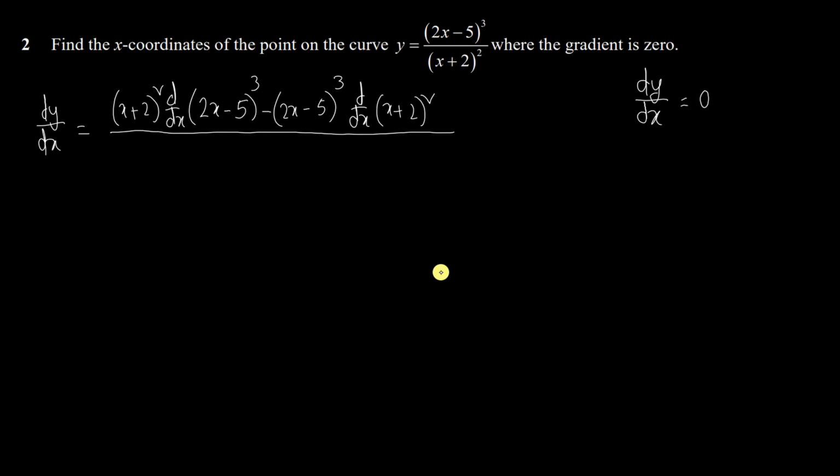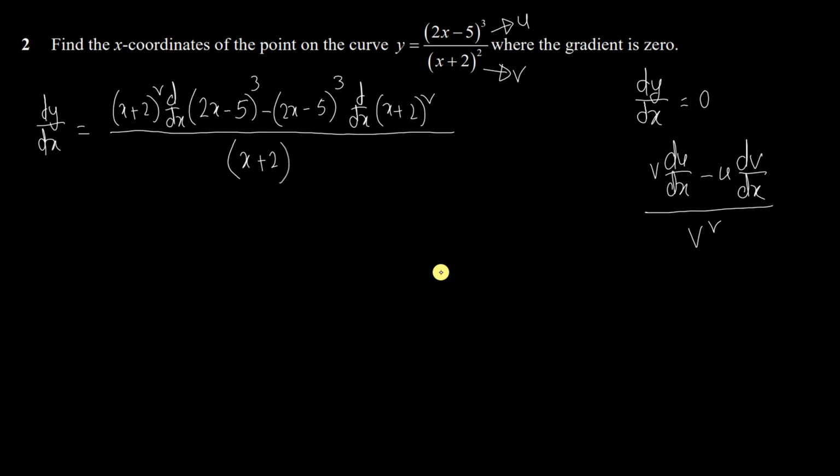See the formula: I consider this as u and this as v, and our formula is (v du by dx minus u dv by dx) divided by v squared. We apply this formula here. As v squared, we can write (x plus 2) to the power 4. So that is our expression.